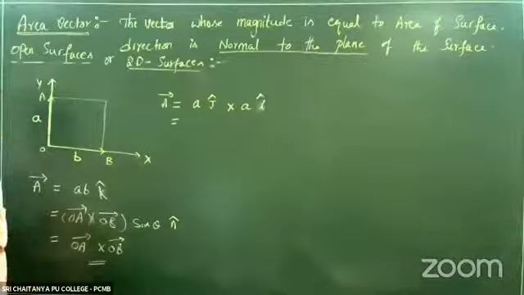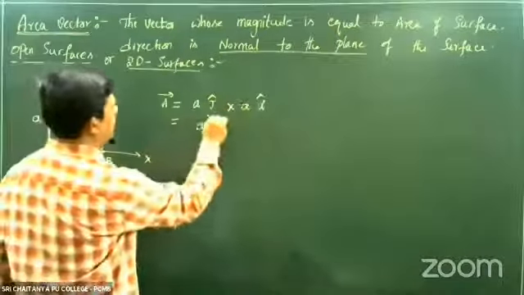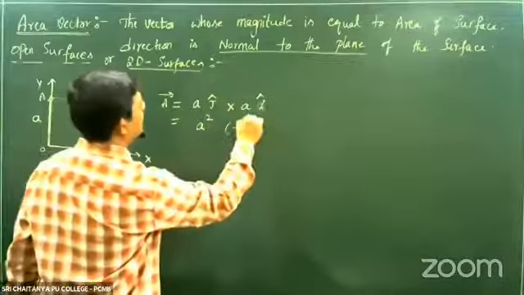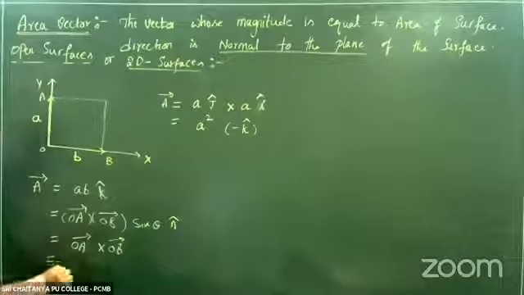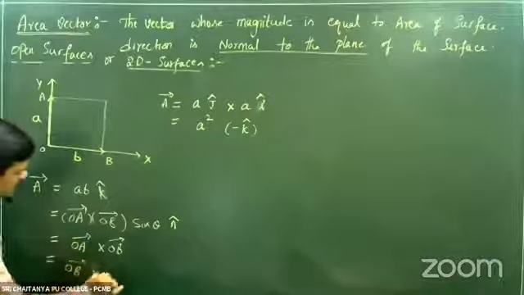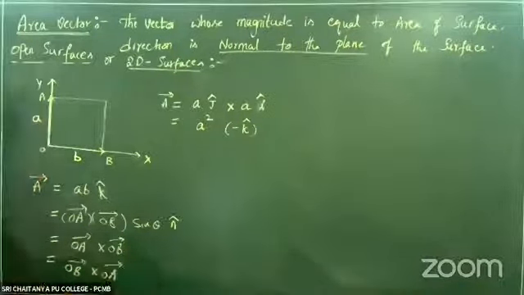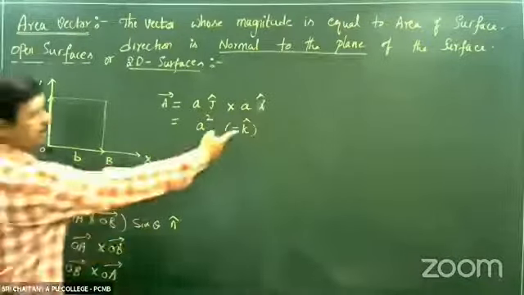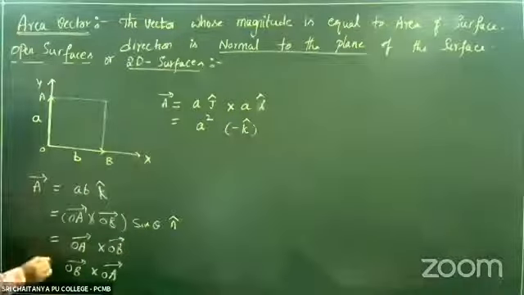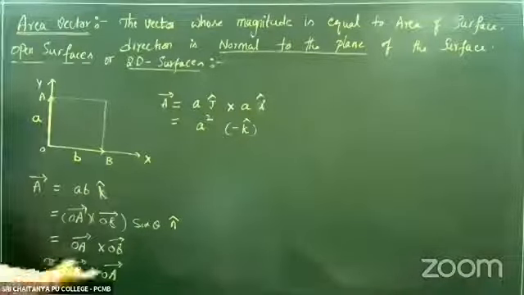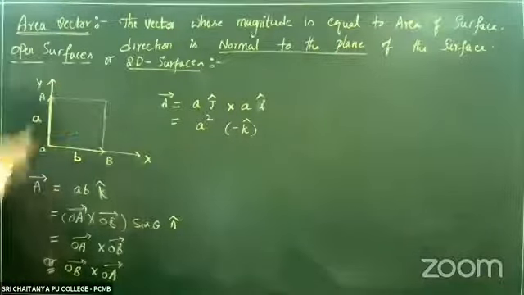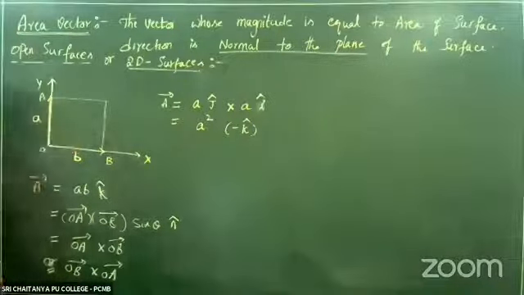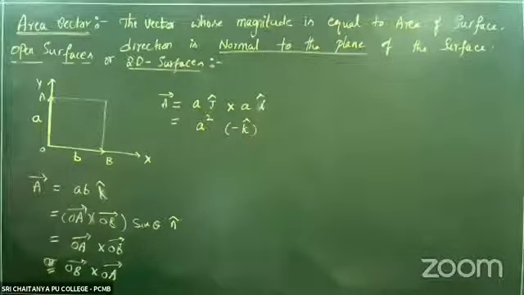That is minus K. A into A, A square, minus K cap. It can also be written as OB cross OA. If you take OA cross OB, it results in minus K cap. OB cross OA results in K cap. K cap means outward normal, minus K cap means inward normal, right? Okay, come on, note down.